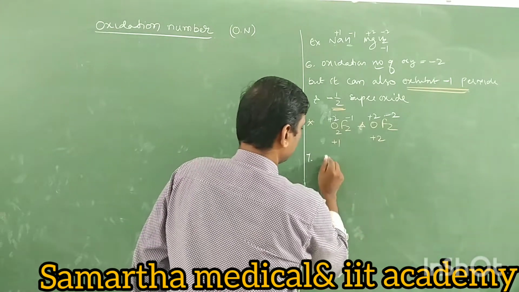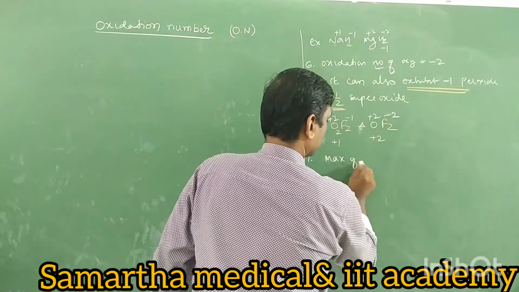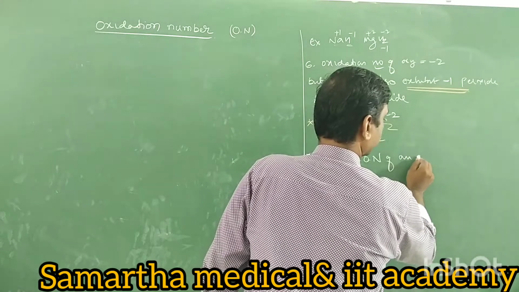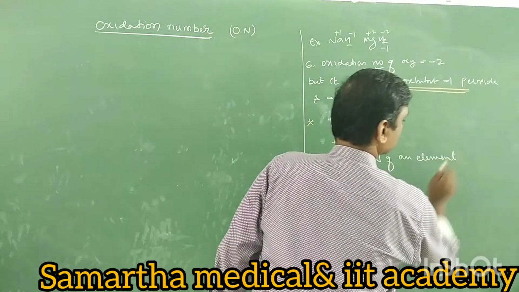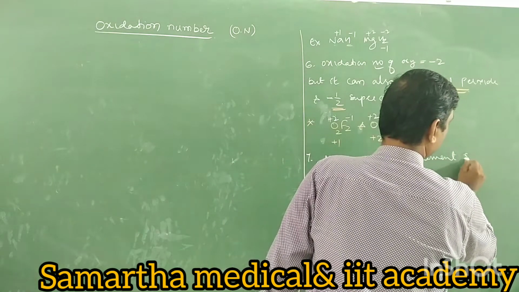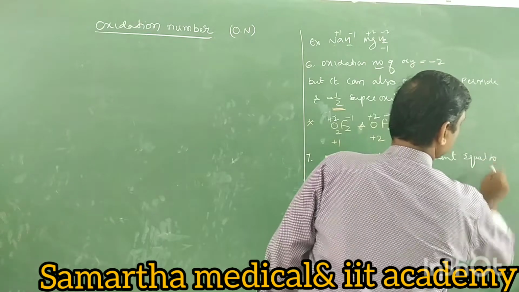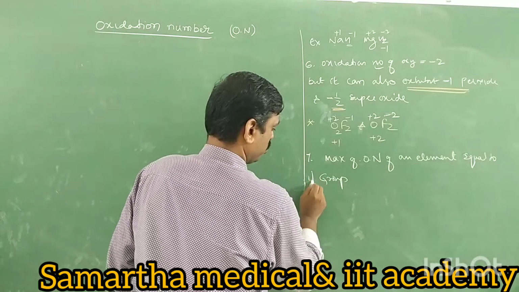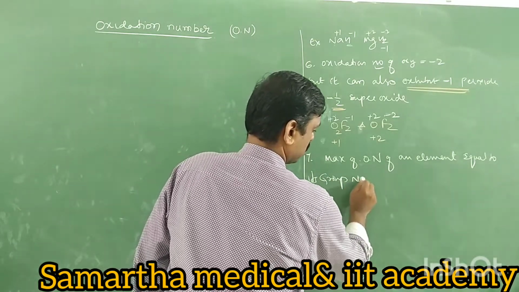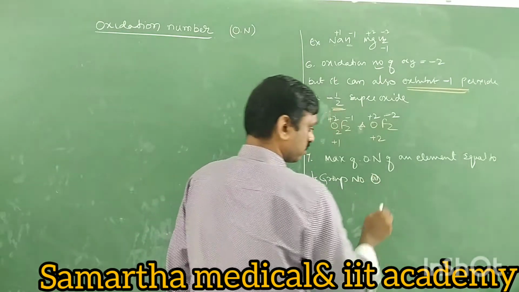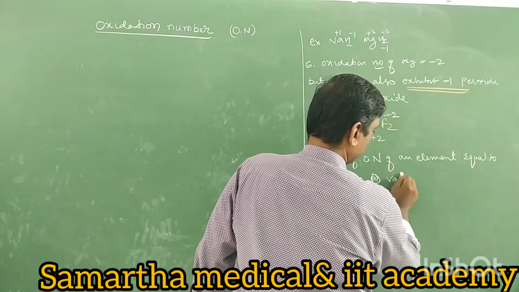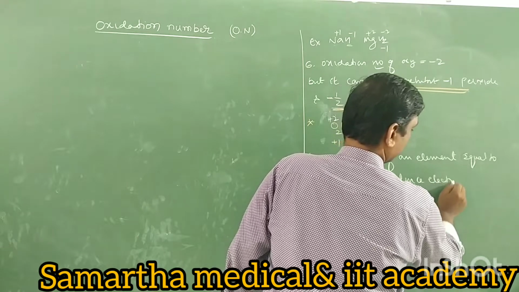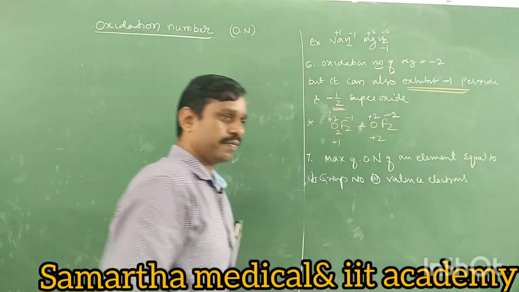Maximum oxidation number of an element equals its group number or number of valence electron.